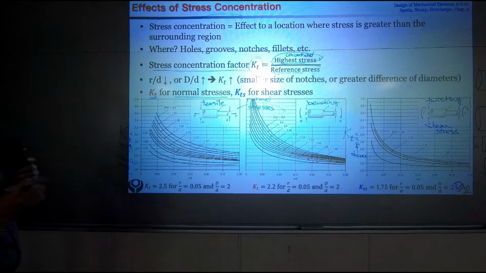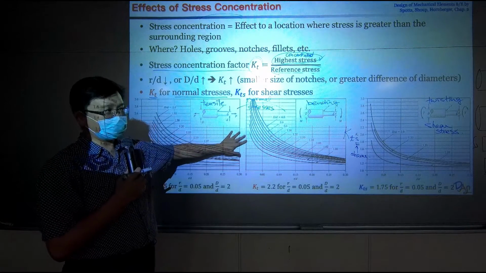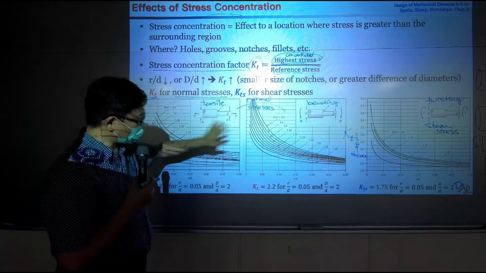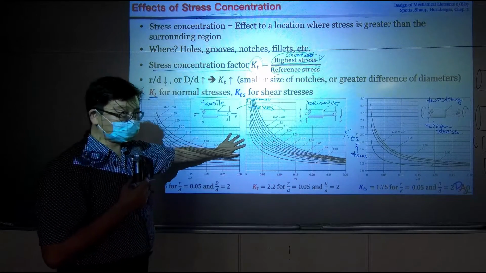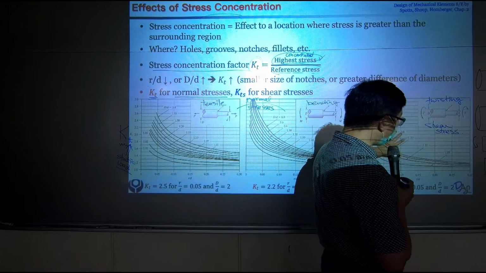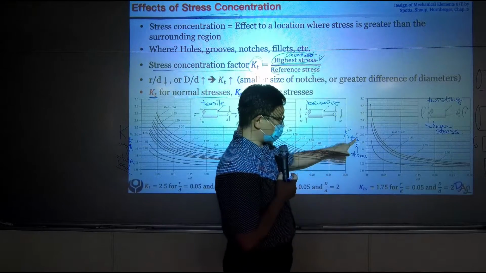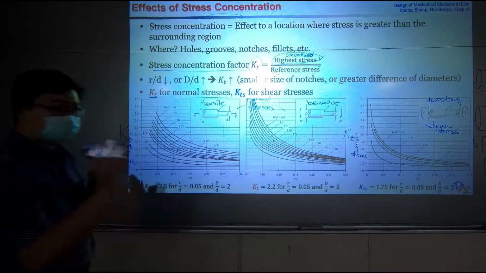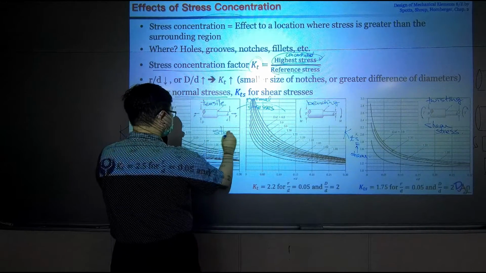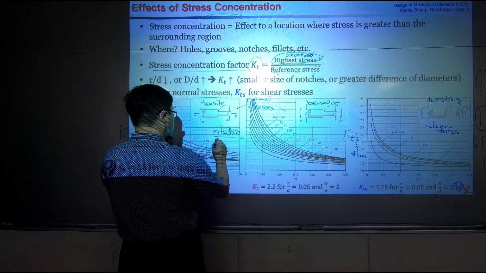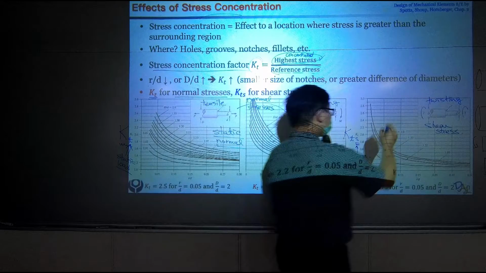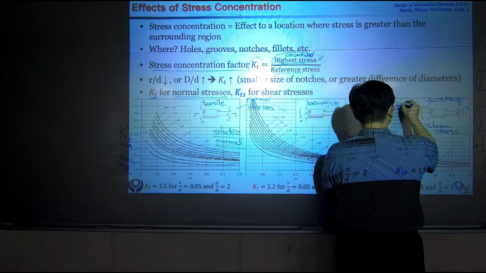Okay, so these two tables are the stress concentration factors for static loads and normal stresses. This one is the stress concentration factor for static load and shear stress. Okay, so please make sure you understand this. So static and normal. Over here, static and shear.